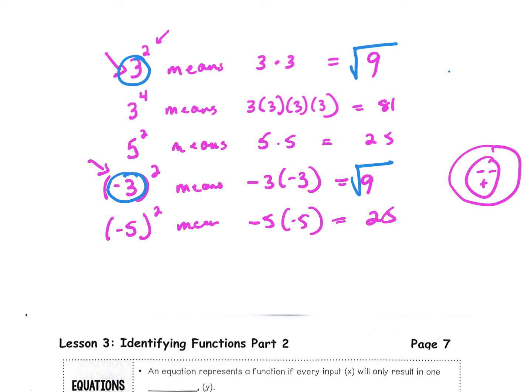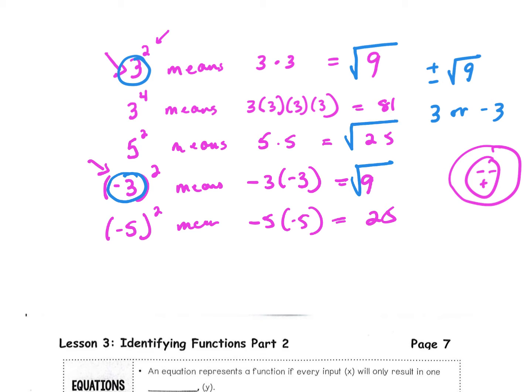So they sometimes write positive and negative square root of 9, which means the positive square root would be 3 and the negative square root would be negative 3. We could also do that for our other example.